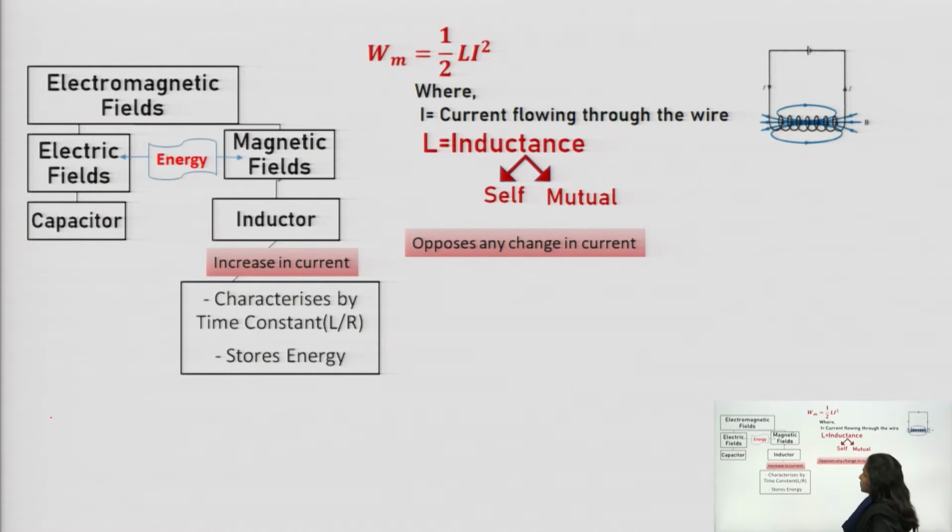The energy stored in the magnetic field is stored with a device known as an inductor, and energy stored in the electric field is stored in a capacitor. The energy mathematically can be expressed as half Li square. This is magnetic energy.